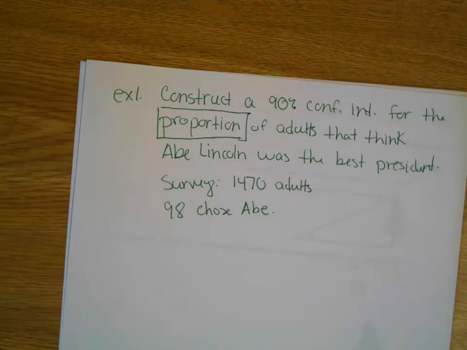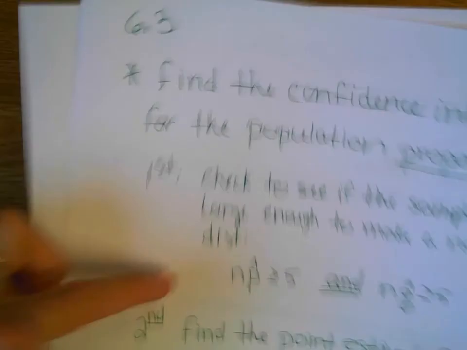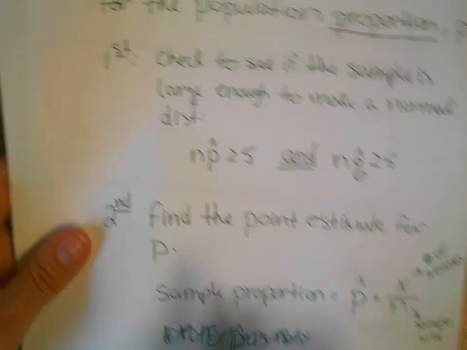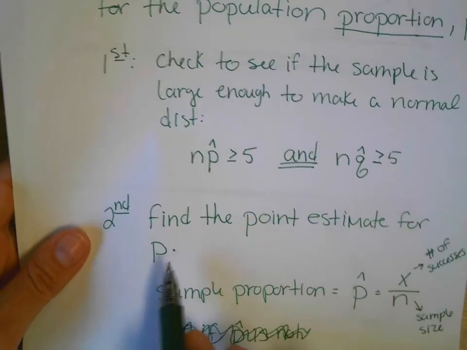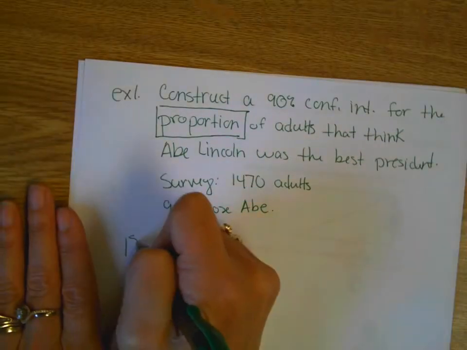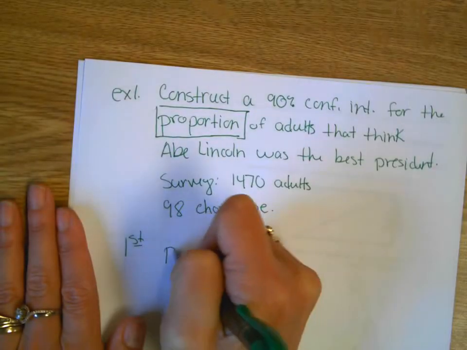So, now we're going to follow our 4 steps. And like I said, I really should have had step 2 as step 1, because you need that p hat to do step 1. So let's do step 2 first. We need the point estimate for p, which is p hat. So first, let's find p hat.